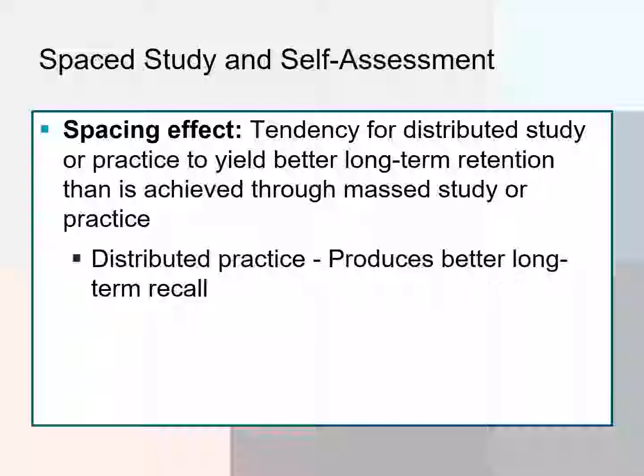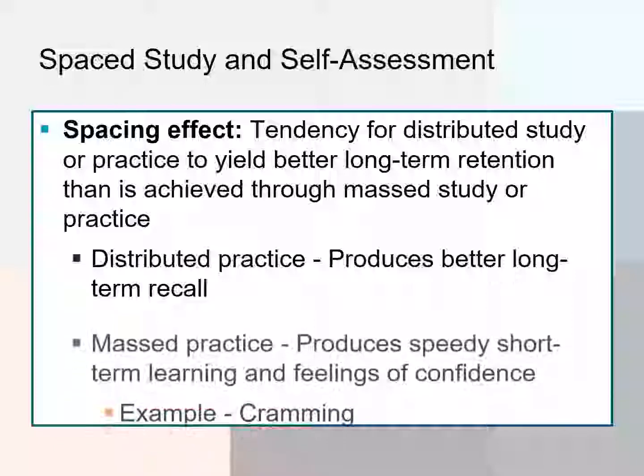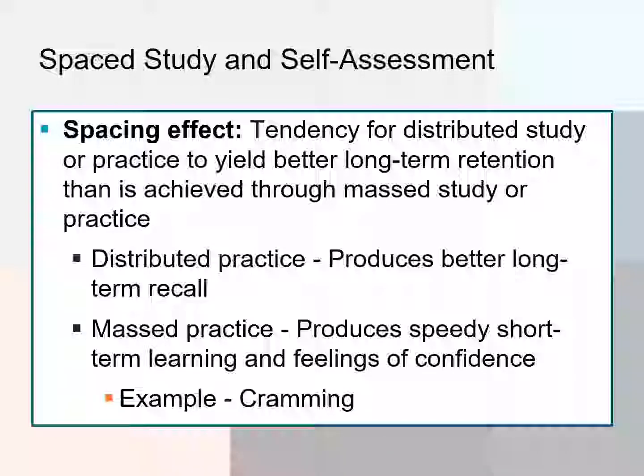It produces better long-term recall than mass practice, which produces speedy short-term learning and feelings of confidence. So you might feel like you have it right away, but then it leaves your brain pretty quickly if it's not reinforced. And the idea here is that the more often you encounter the information, your brain says, hey, that's something I need to keep track of.